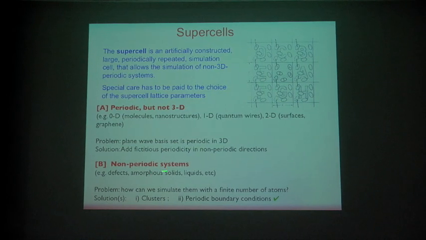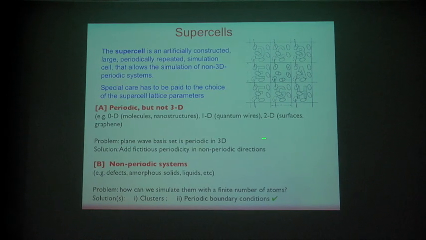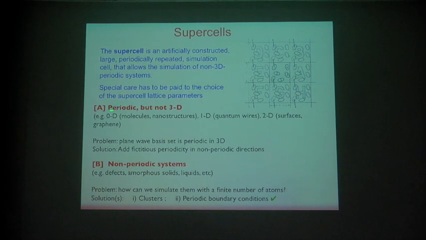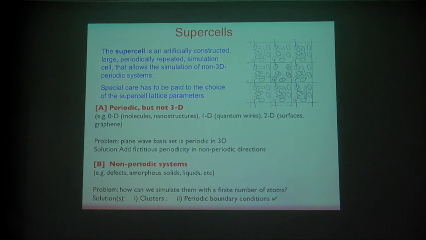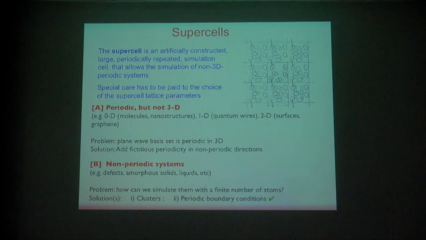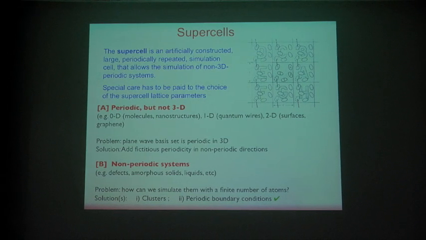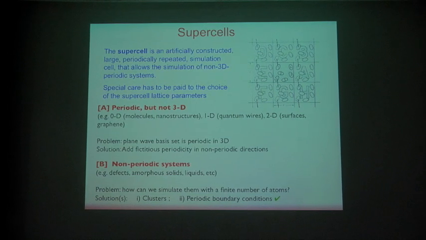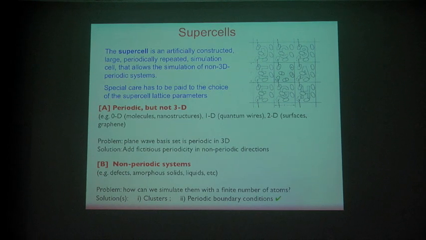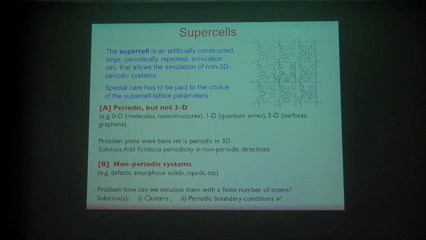There is a second situation which we come across, and that is not a periodic system but a non-periodic system, such as defects in semiconductors. Yesterday you heard such a marvelous lecture from Pantelides. And if you remember, Pantelides time and again mentioned the supercell calculations for defects in semiconductors.